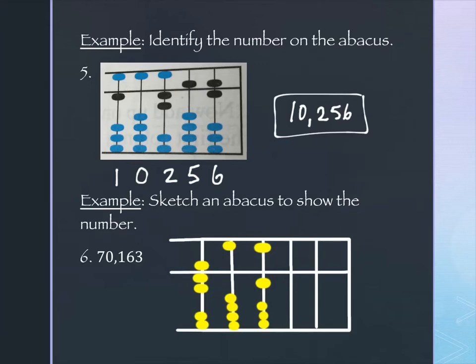The next number is a 6. 1 on top and 1 below. So here's 1 on top. Here's 1 below. And then what else do I need? 3 more on the bottom, right? Last number is a 3. Wait, that was supposed to be 3. I'm sorry, I probably said it wrong.